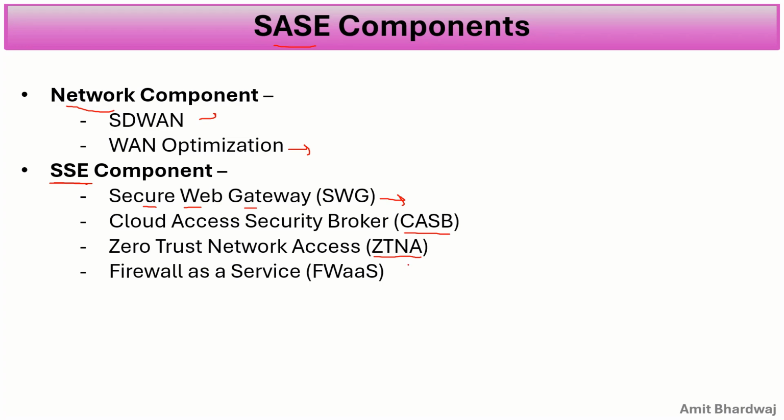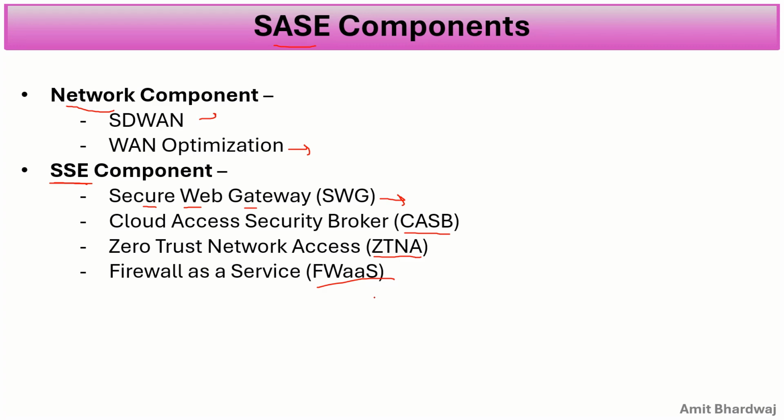As discussed earlier, ZTNA provides secure, identity-based access for users to applications. This allows only verified users to access the related resources and applications. And lastly, we have FWaaS, Firewall as a Service, a feature set under the SSE component that provides a cloud-based firewall to inspect and secure traffic across assets and boundaries.